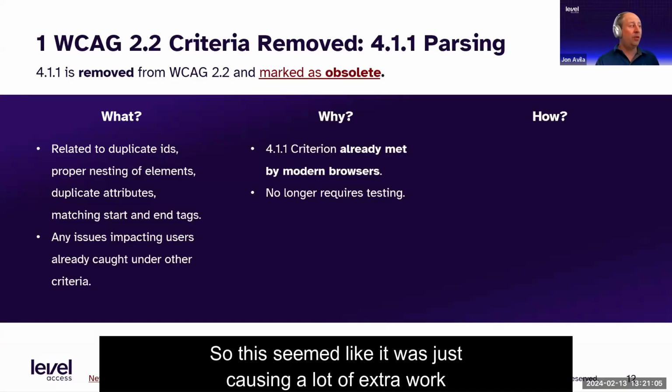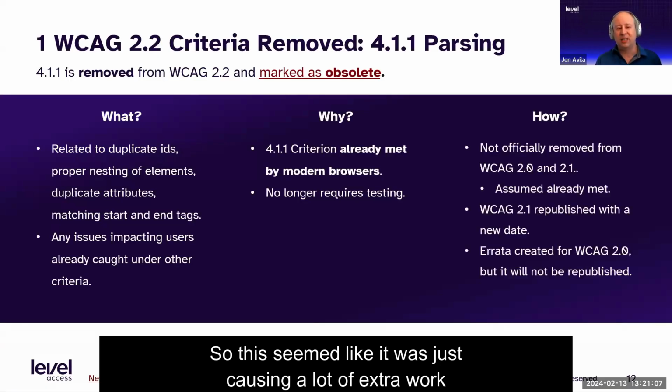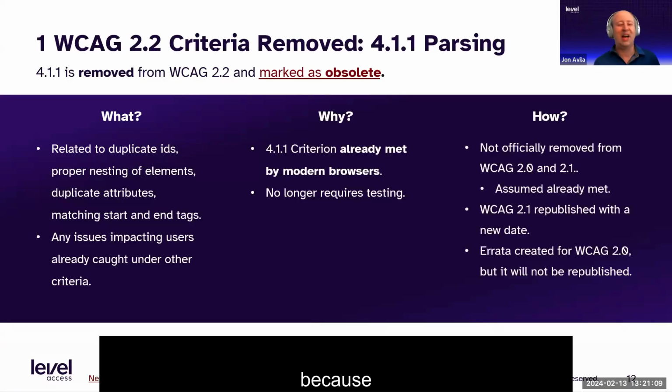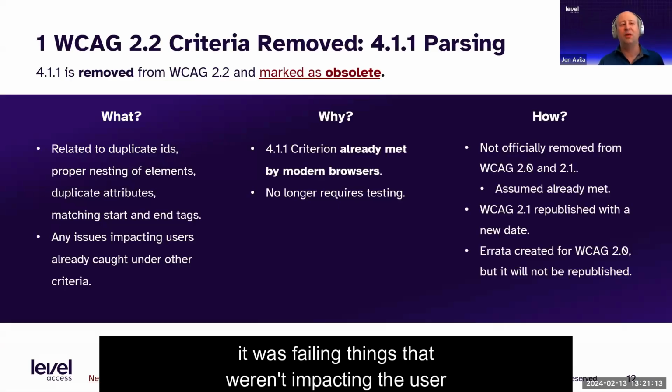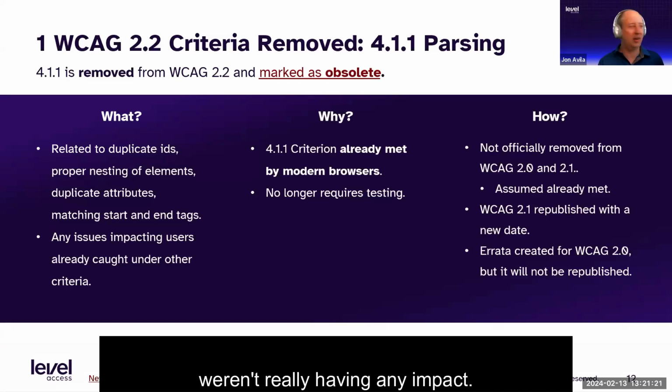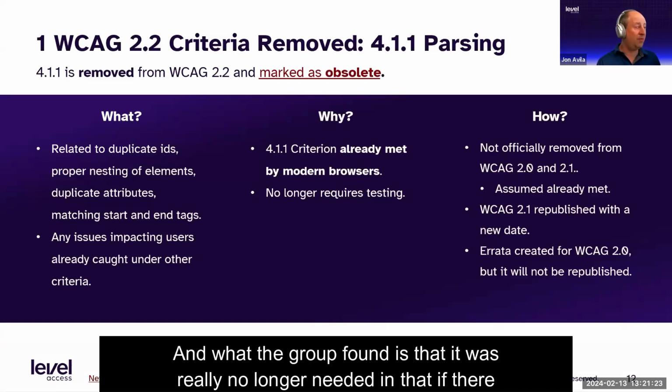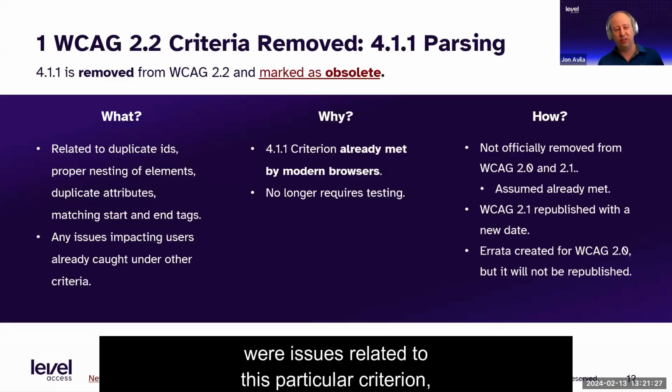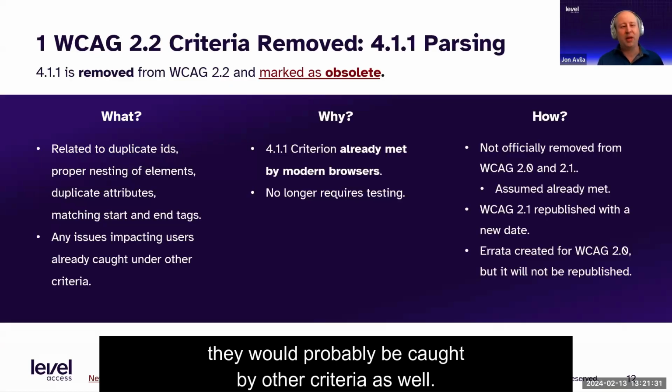So this seemed like it was just causing a lot of extra work because it was failing things that weren't impacting the user, that weren't a problem today, and it was creating a lot of white noise for people to fix issues that weren't really having any impact. And what the group found is that it was really no longer needed, in that if there were issues related to this particular criterion, they would probably be caught by other criteria as well.